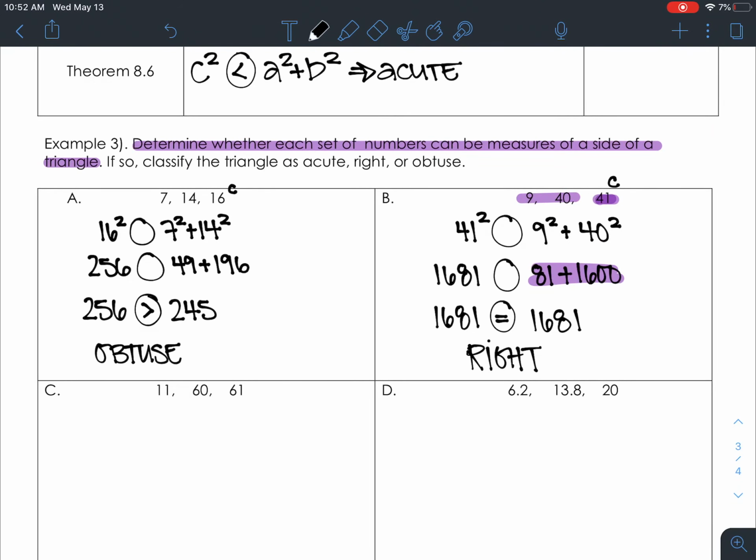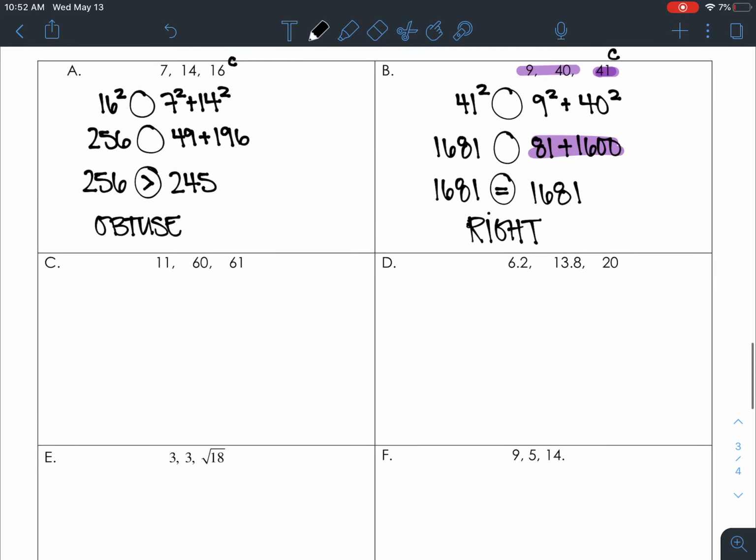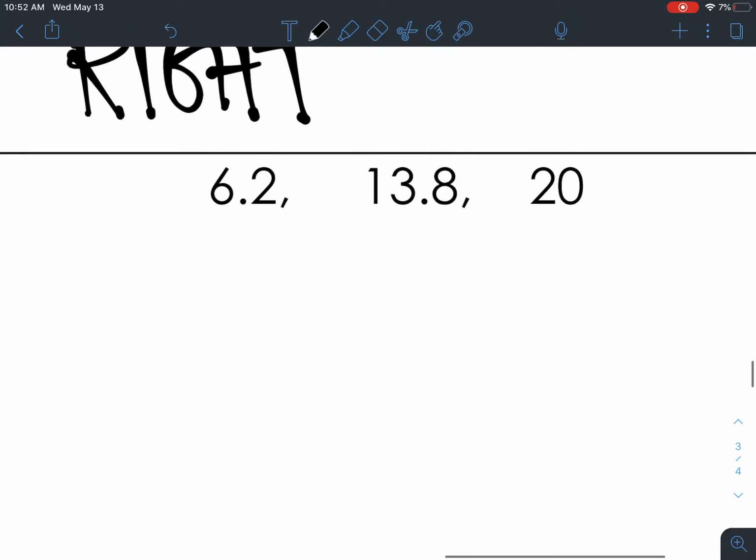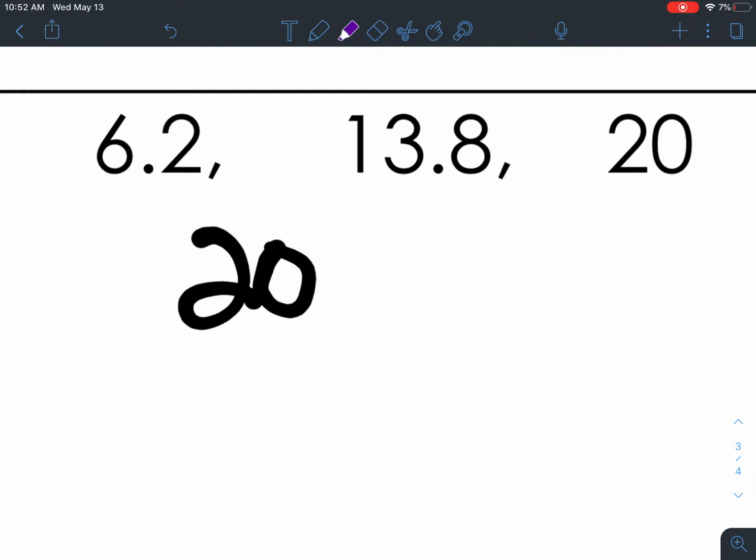Okay, let's come down and do this one right here. If we added the 6.2 and the 13.8, so 6.2 plus 13.8 would give us 20. Now, what we're doing right now is checking to see if this triangle exists.